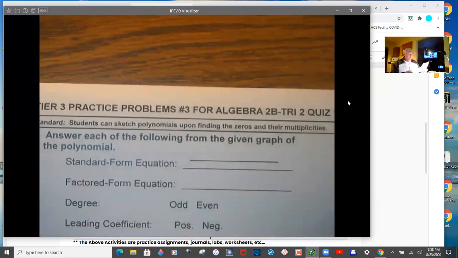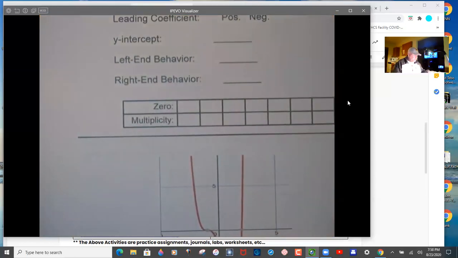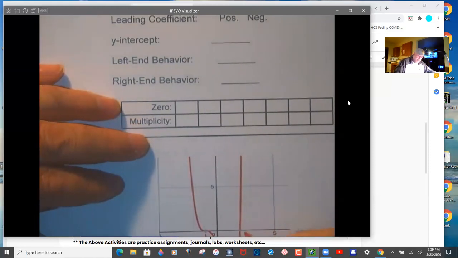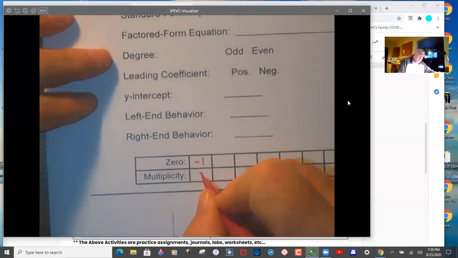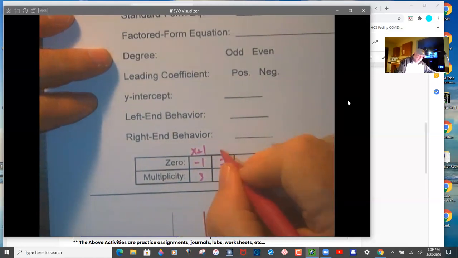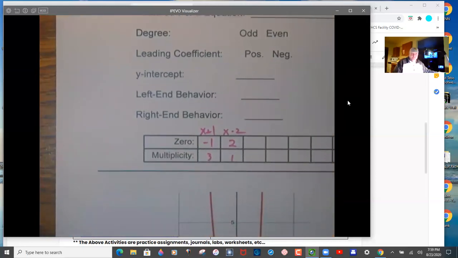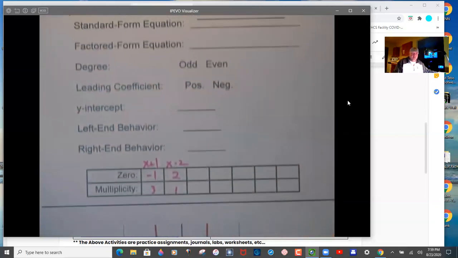And number 6. So at -1, we have what looks to be like a triple root. And then at 2, we have a single root, for sure, based on the look of that graph.